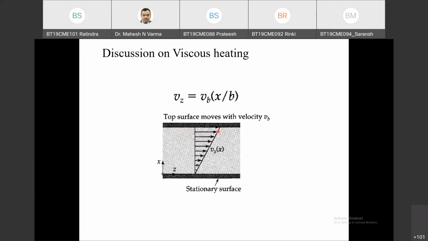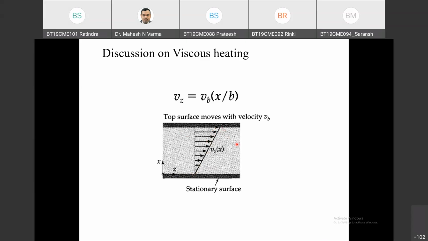So for the velocity profile, this is the stationary surface, and this is the moving surface. As this distance is very, very small, we can assume a linear velocity profile. Now you should be able to give the velocity profile equation directly.